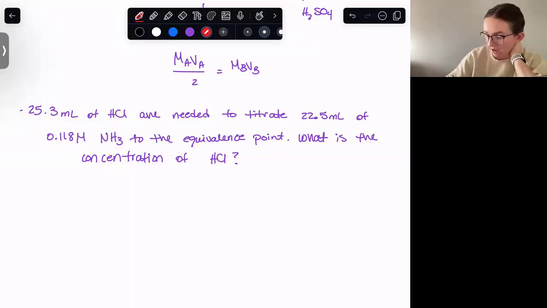All right, so let's annotate our question. When we talk about 25.3 mils of HCl, what is that referring to?